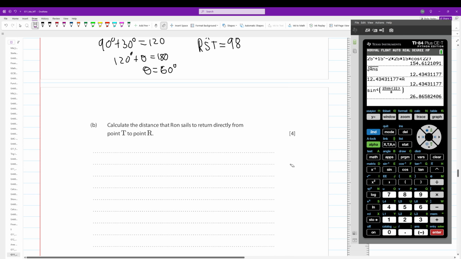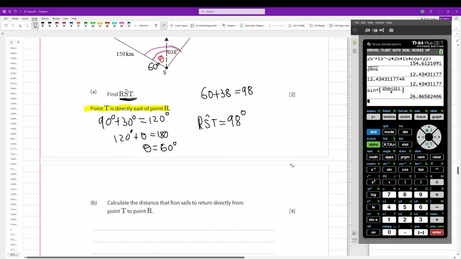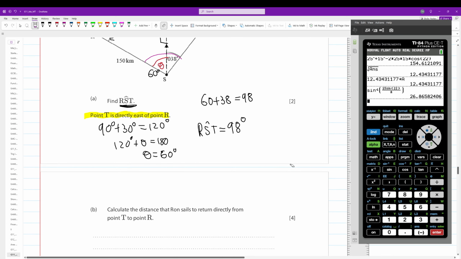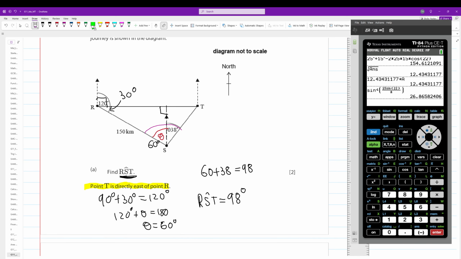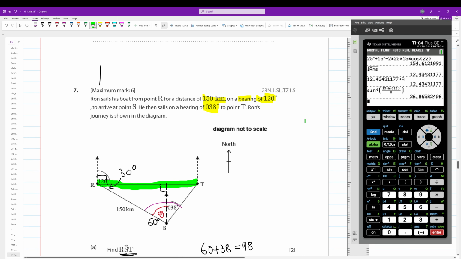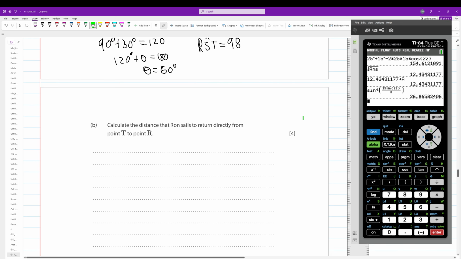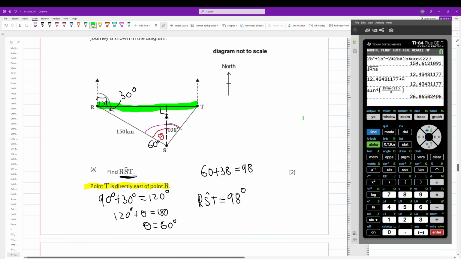Okay, calculate the distance that Ron sails to return directly from point T to point R. So we would like to find what is this distance from T to R. Have a quick think about that. Yeah, that's going to be using the sine rule quite nicely.